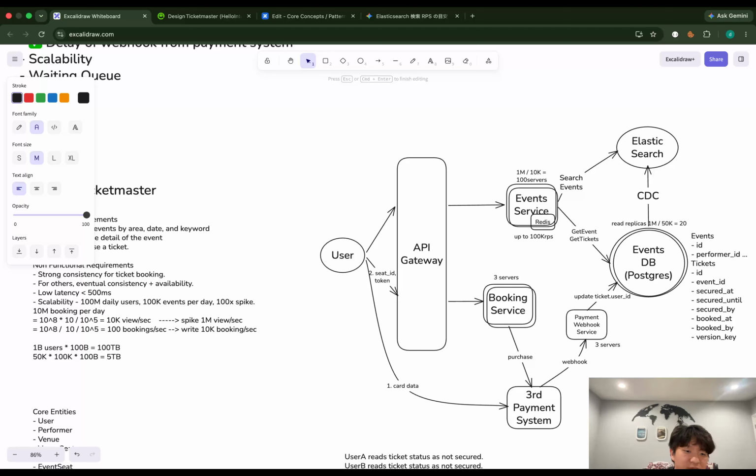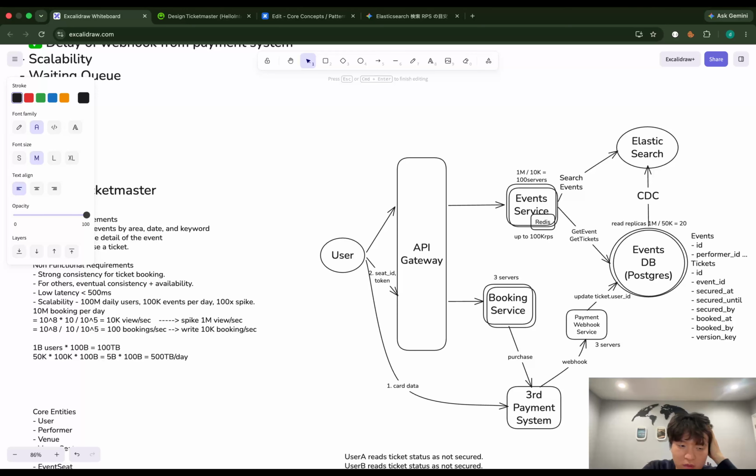So assuming this, how much is it? 5 billion times 100 bytes is 100 terabytes per day.